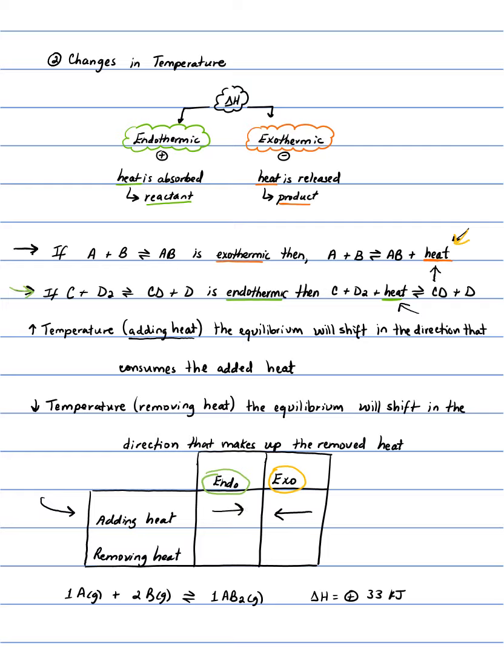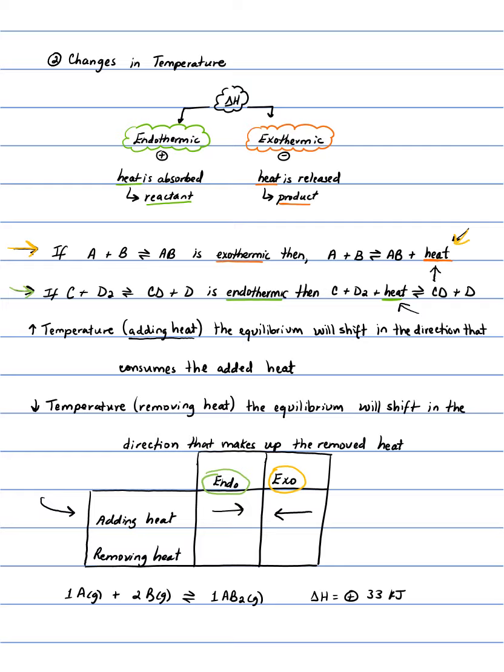Now let's look at removing heat. Exothermic first. The heat for an exothermic reaction is a product. Whenever we're removing something, and this applies for concentrations too, removing something means that the equilibrium will be shifted in the same direction of whatever substance you're taking away.